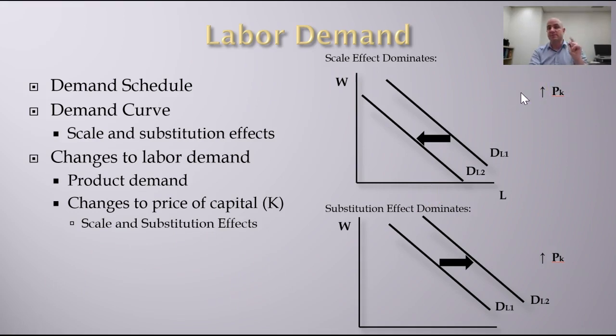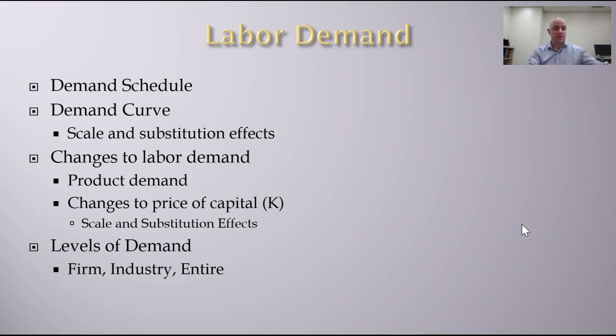The scale effect is going to push down the demand for labor, but the substitution effect is going to push up the demand for labor. If the scale effect dominates, the overall demand for labor goes down. If the substitution effect dominates, the overall demand goes up. So the overall change depends on which effect dominates.